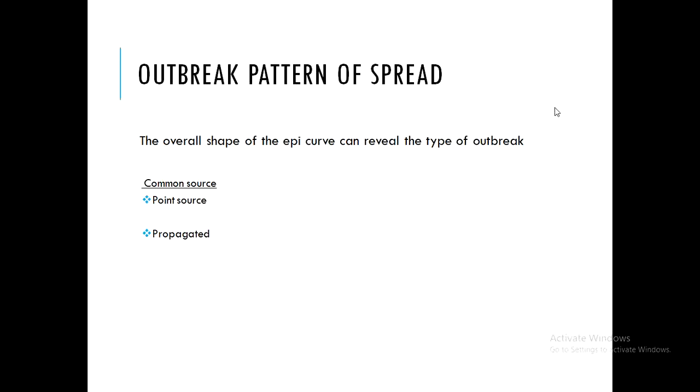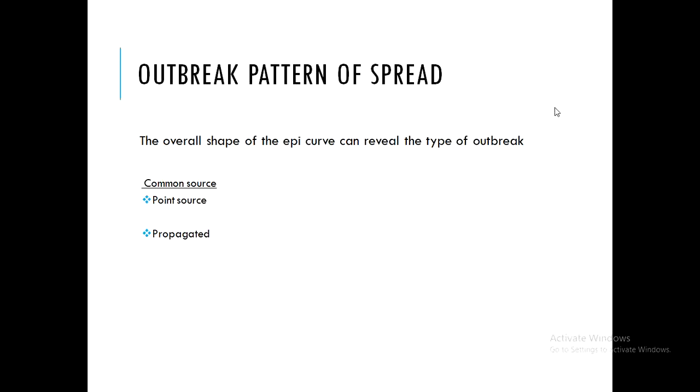The overall shape of the epidemic curve can tell us about the type of the outbreak or the type of the epidemic. So we have now common source epidemics. The common source epidemic means the number of cases are appearing because of the exposure to a single source.